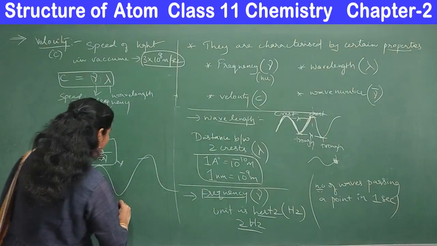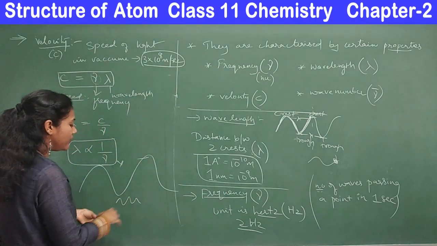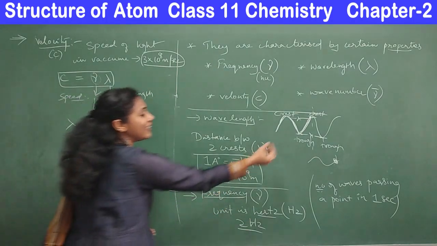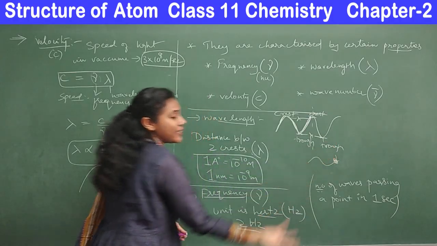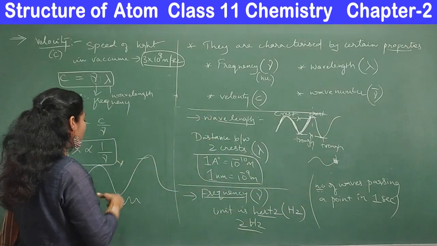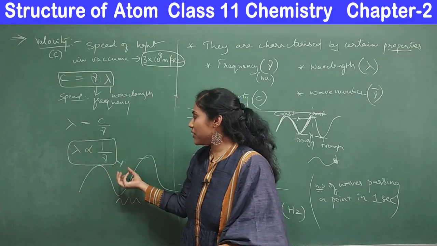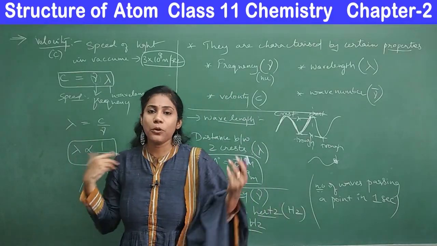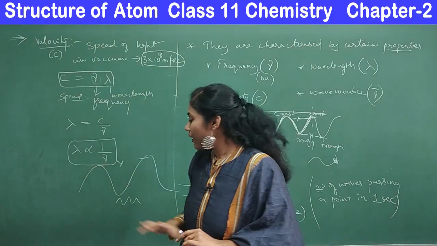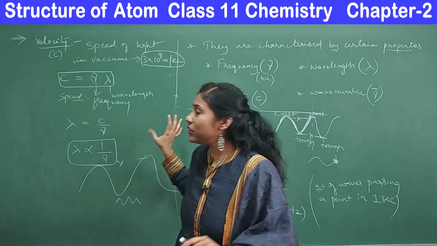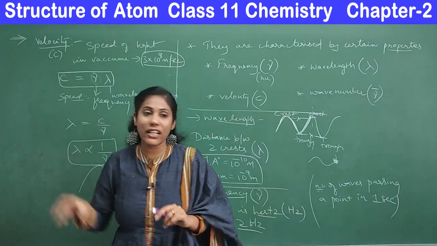If it is a smaller wave, then more waves can cross a particular point in 1 second. So the more the lambda, the lesser the frequency. That's all about the wavelength, frequency and velocity.